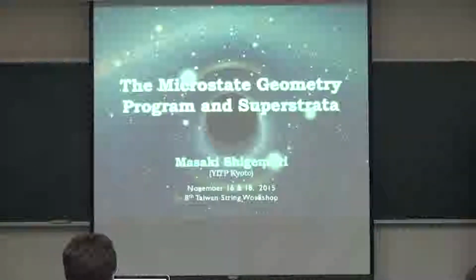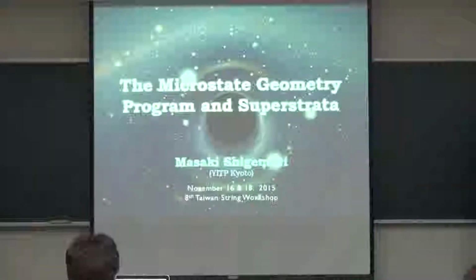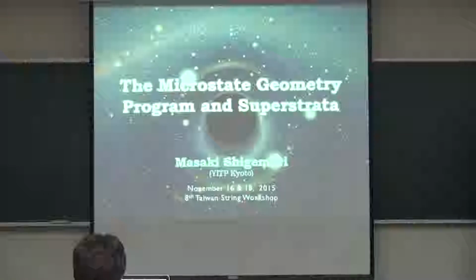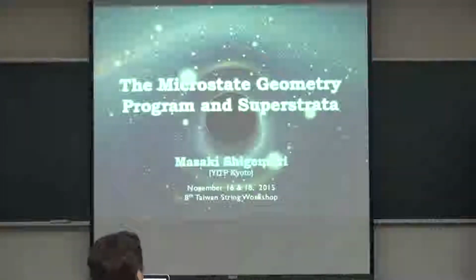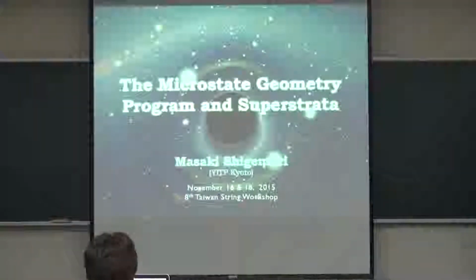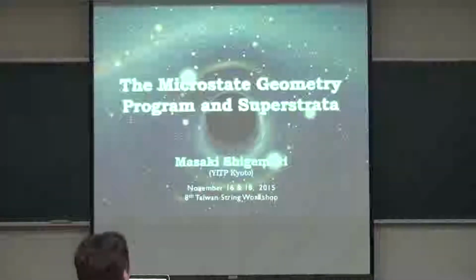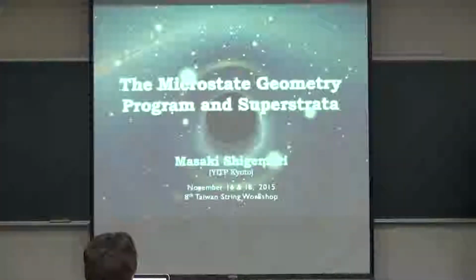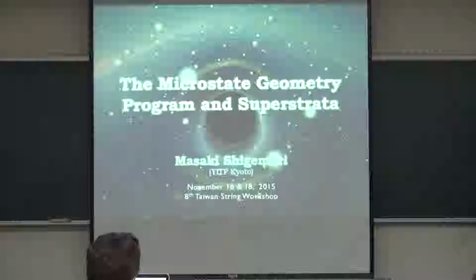But these are really nice solutions, and the program is interesting, so I want to explain this, and also I want to discuss some new solution of the microstate geometry type called Superstrata, if I have time.